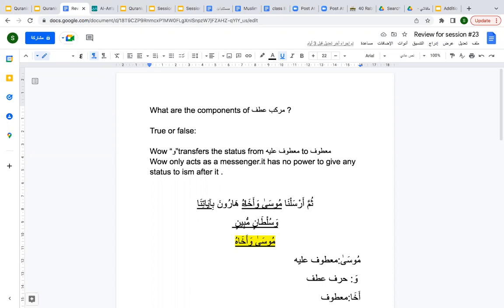That is why it is akha, because waw is the connector in between these 2 asma. Waw connected Musa with akha. Musa and his brother are connected through this waw.